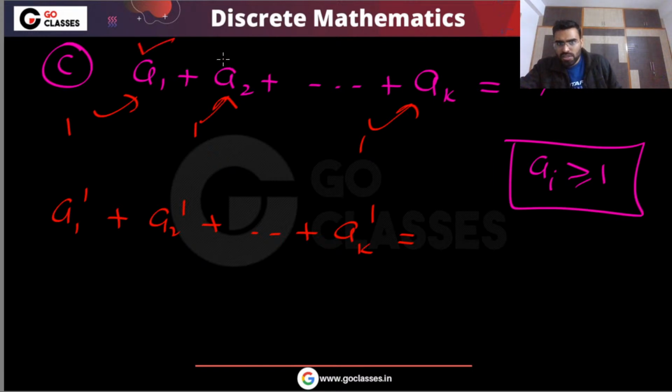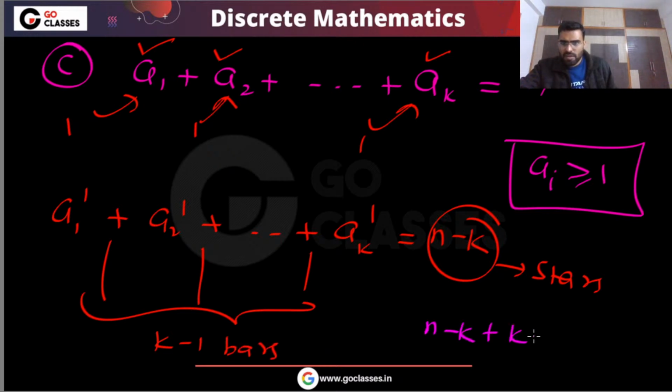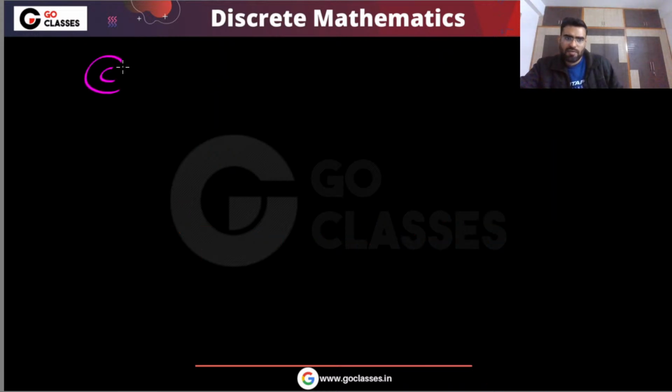If I give 1 to each, then n minus k are remaining. So these are your stars. And how many bars? You can notice that in total k minus 1 bars you have. So finally you will get n minus k plus k minus 1 C k minus 1. So basically the final answer will be n minus 1 C k minus 1.